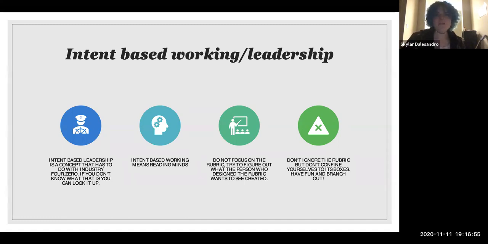That is how you will get ahead. So while everybody else is checking off boxes, you're going to get into the head of the person who designed this, and you're going to blow their minds. They're going to look at it and say, wow, how did he know that this is what I was thinking, that I wanted?